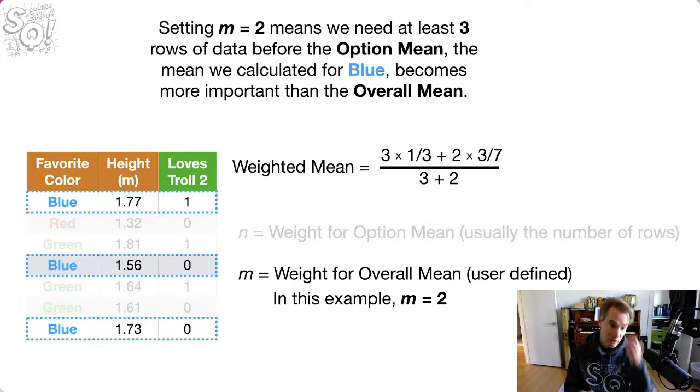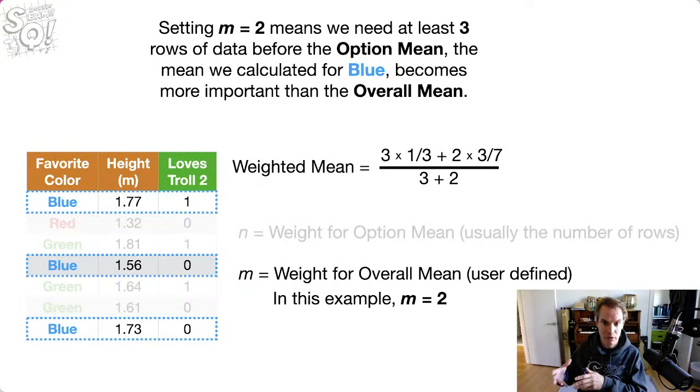Because blue and green have 3 rows each, that's why I set m equal to 2: the option mean for blue is going to have a little bit more weight than the overall mean.